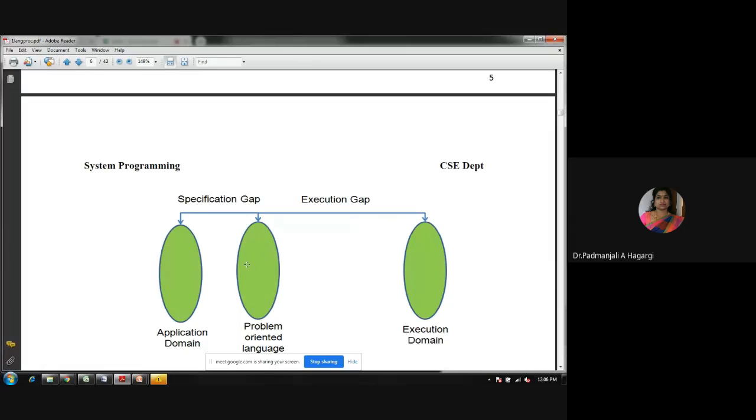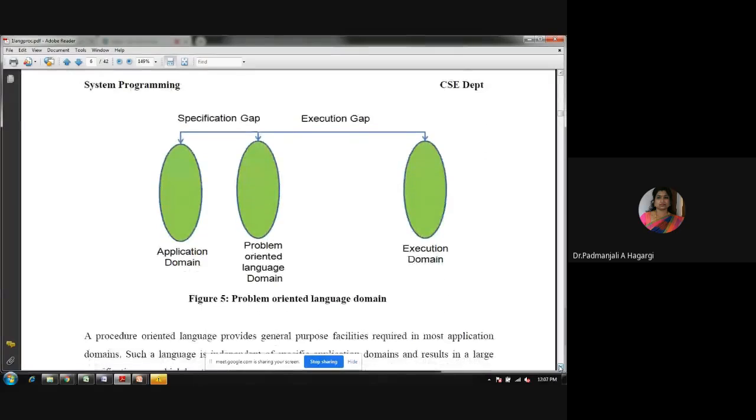Those are called problem oriented languages. Here it is a specification gap, and after the specification gap it bridges from the specification to the execution gap to have the executions.